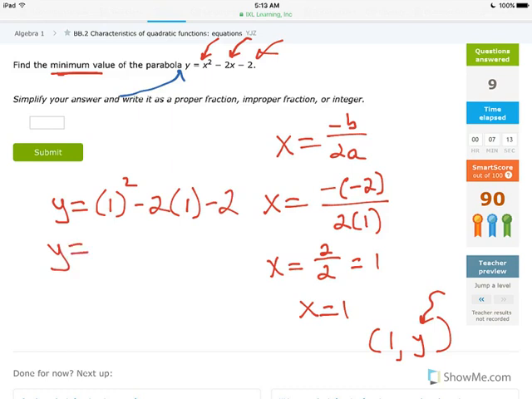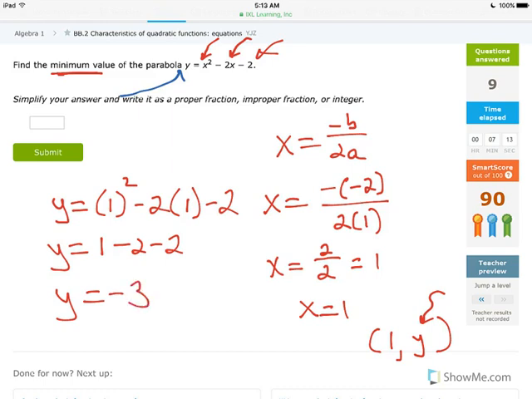So y equals 1 squared is 1, -2 times the 1 is -2, and that's going to get you 1 minus 2 minus 2, so that's going to get you -3.